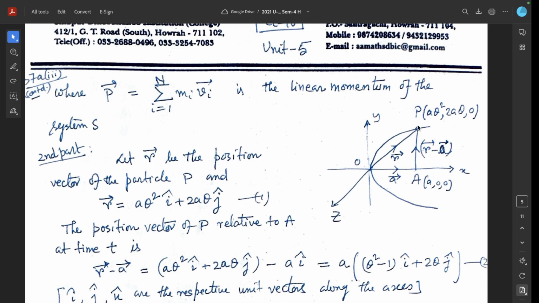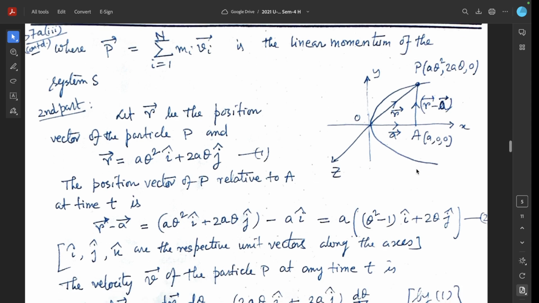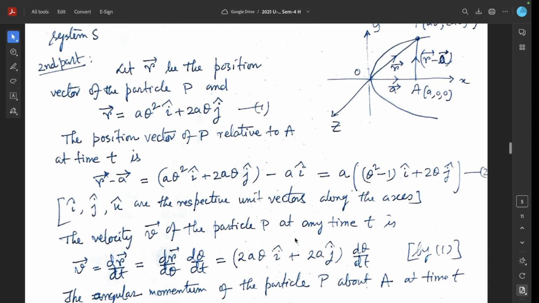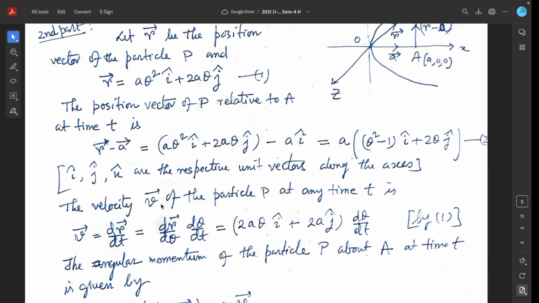This is the position vector of P with respect to point A at time t. So r vector minus a vector equals this, where i vector, j vector, k vector are the respective unit vectors along the axes. The velocity vector v of particle P at any time t is equal to dr vector by dt, which is dr vector by d theta times d theta by dt.